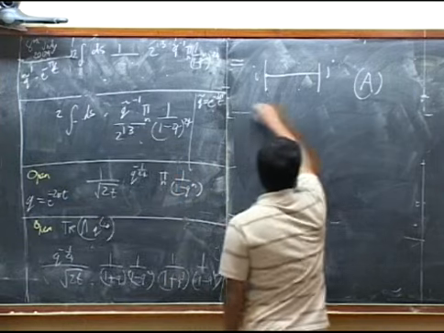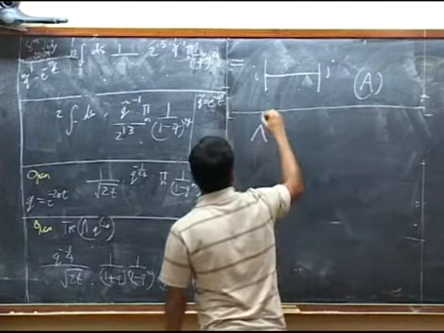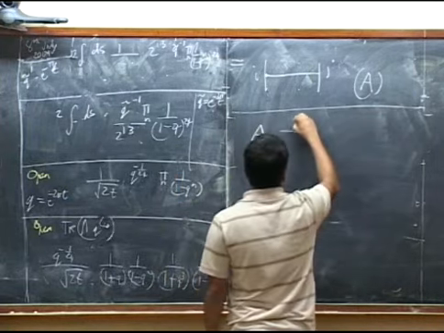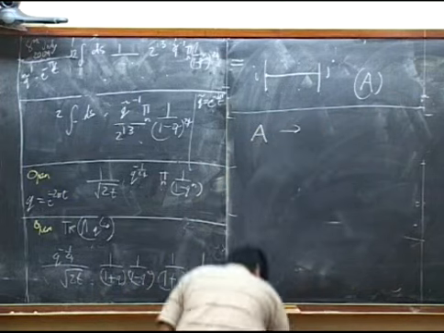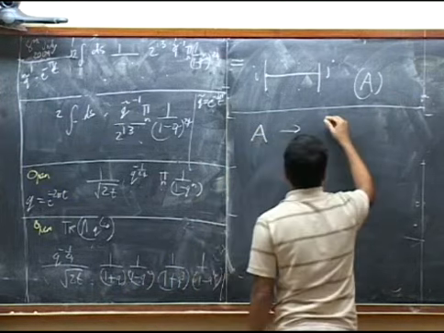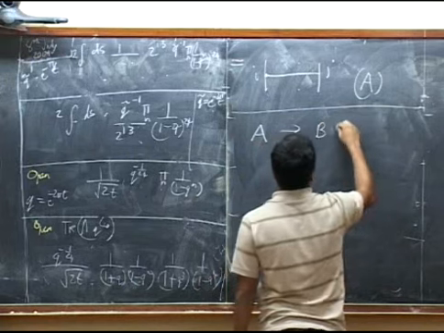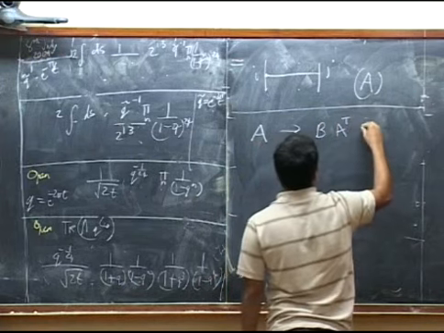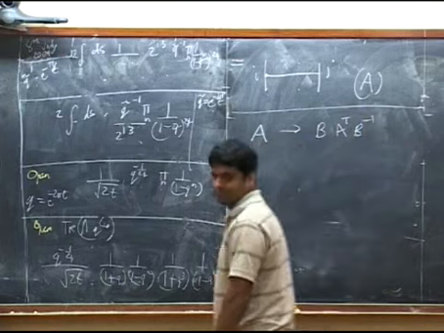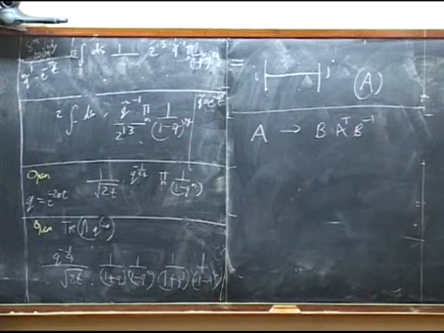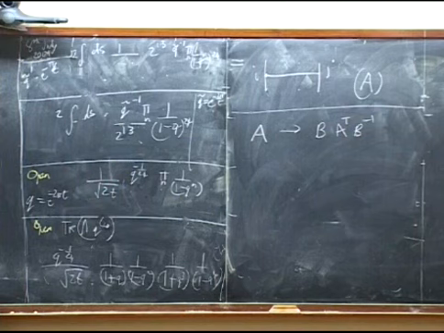So let's make the guess that under orientation reversal A goes to, let's call this B, B A transpose B inverse.